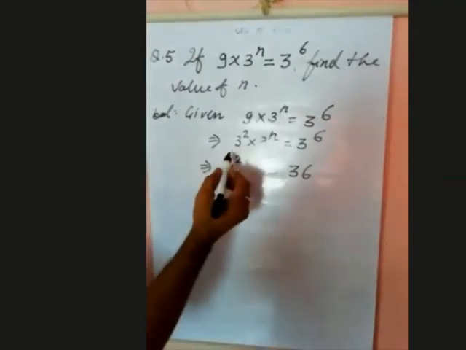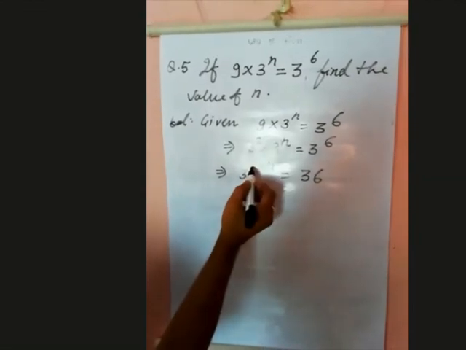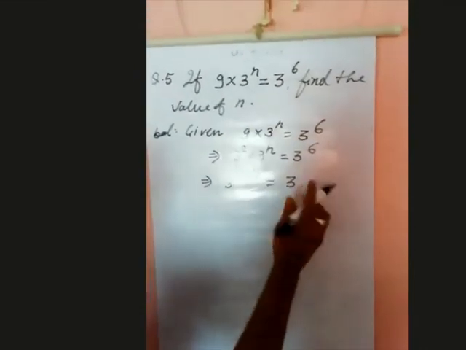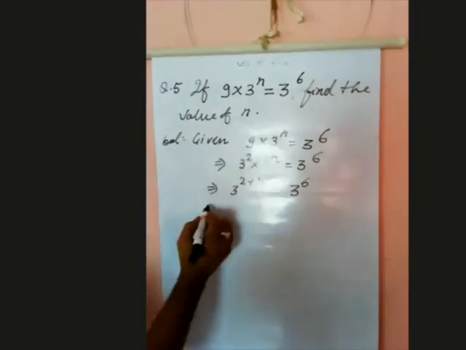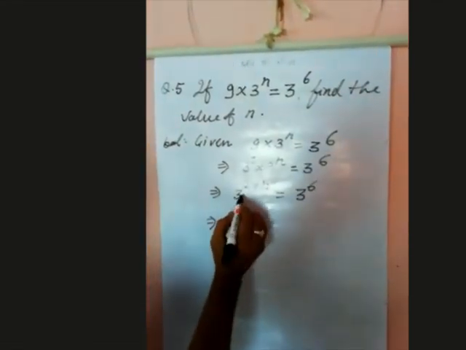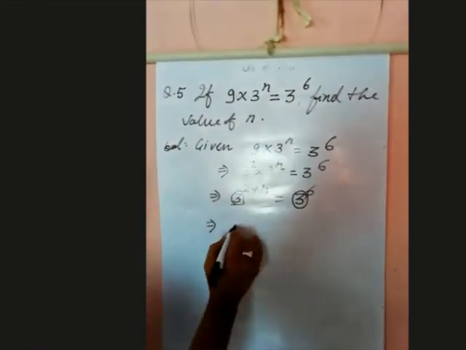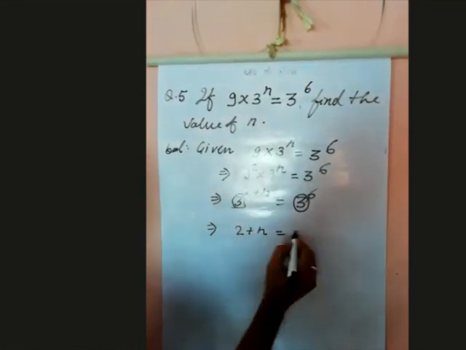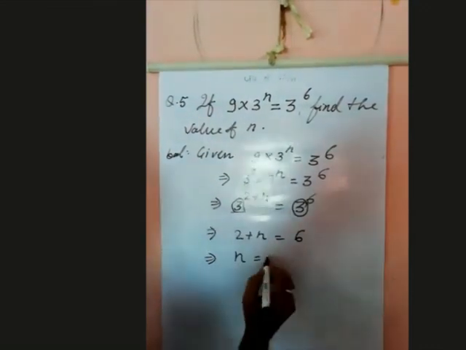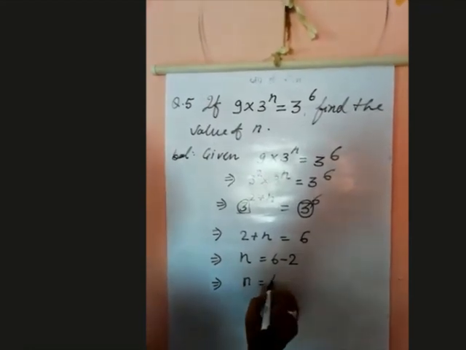We see here that the bases are equal, so the powers are added. Now, equating both sides, the bases are equal, 3 and 3. Therefore 2 plus n equals 6. Now n equals, transposing 2, 6 minus 2, that is n equals 4.